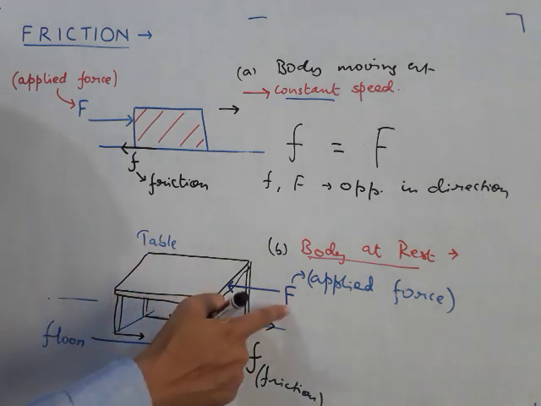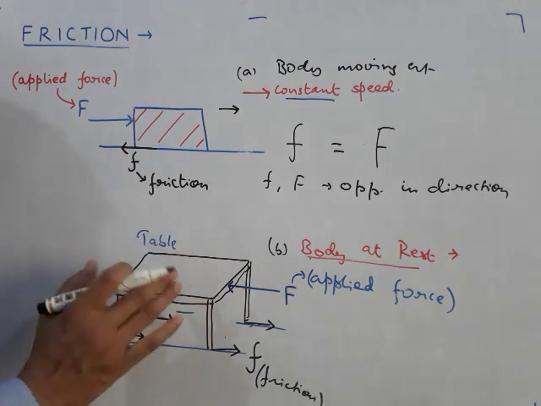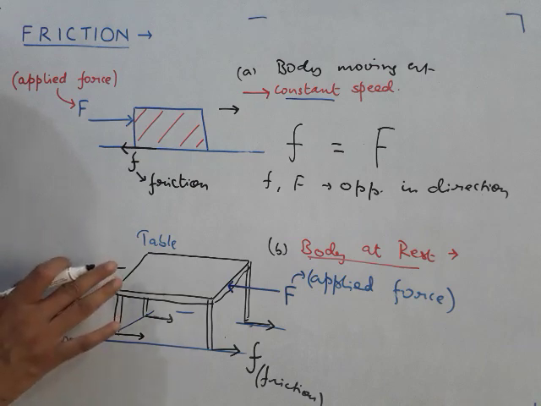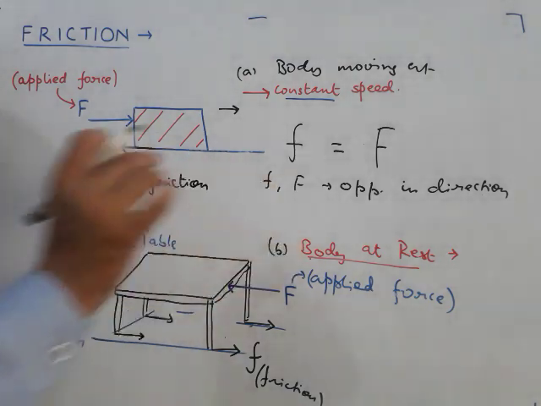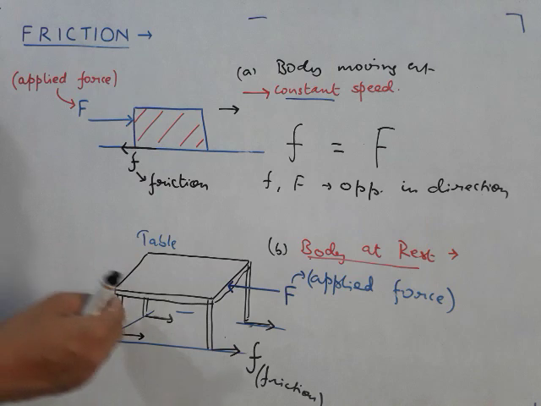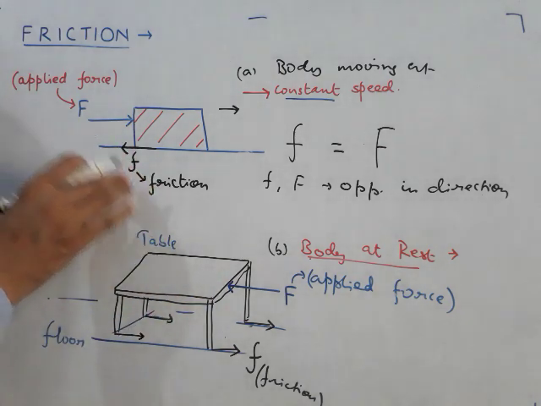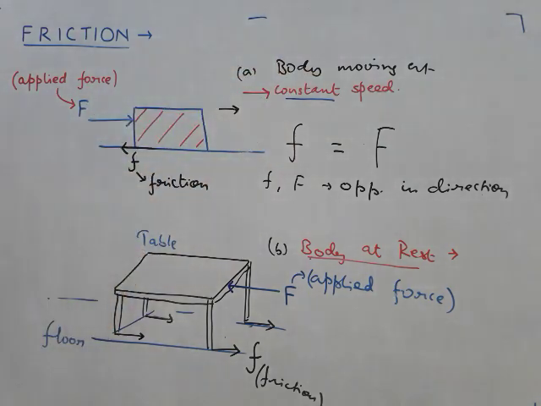This table, because of the applied force F, had a tendency, it is not moving, but it appears as if it will move in this direction. So it has an impending motion towards left, but it is at rest. Even then, the frictional force is acting in the opposite direction of impending motion. So friction force always acts in a direction opposite to the direction of actual motion or impending motion. That will give us the direction of frictional force.